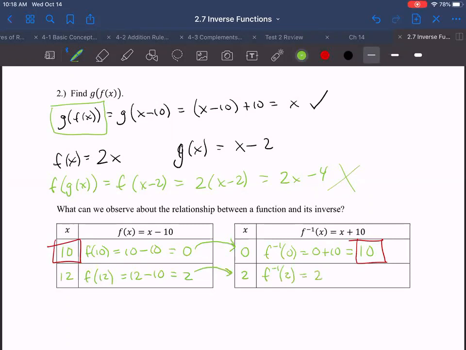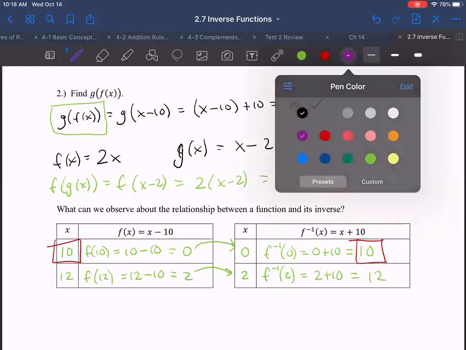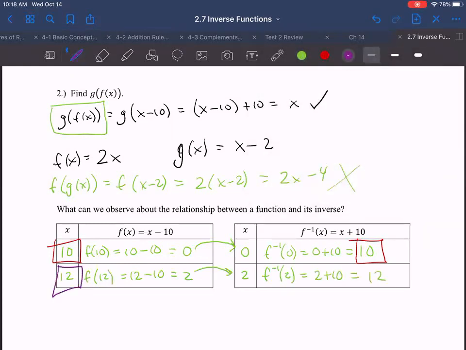And that's going to be 2 plus 10. And I get 12. And again, you should notice here, this 12, that 12, they're the same. So these two are most definitely inverses of each other. And we could go in and plug one into the other and see that that is true, but we don't need to do that at the moment.